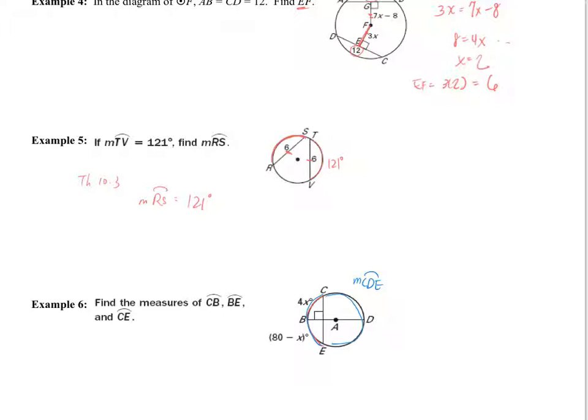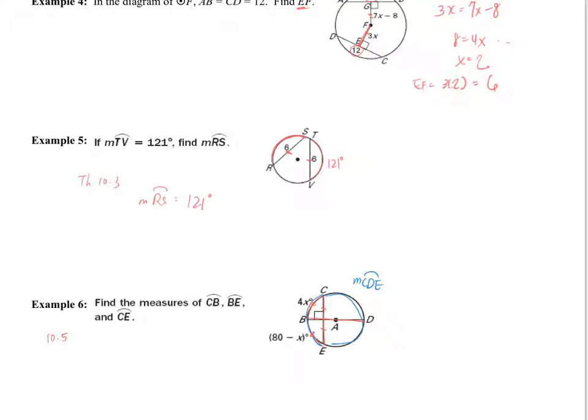Okay, so by theorem 10.5, I know that BD is the diameter of the circle, and it's perpendicular to the chord CE, and then this diameter would then bisect the chord as well as the corresponding arcs.